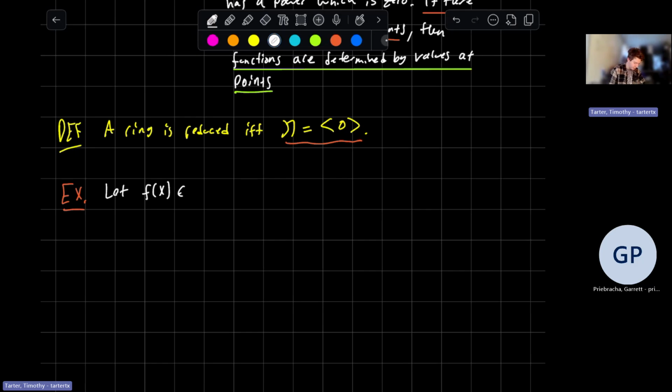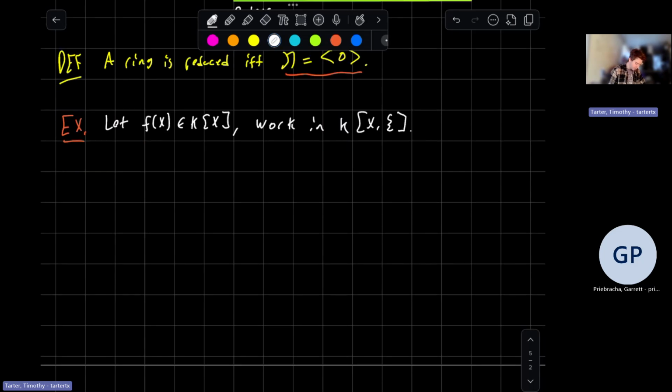Let f of x be in k[x] and work in k[x, epsilon] mod epsilon squared.